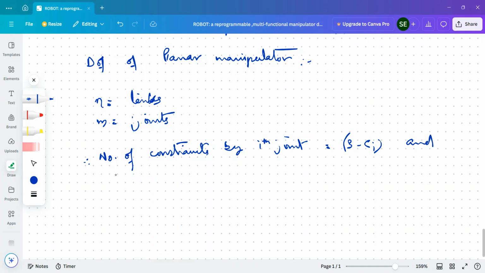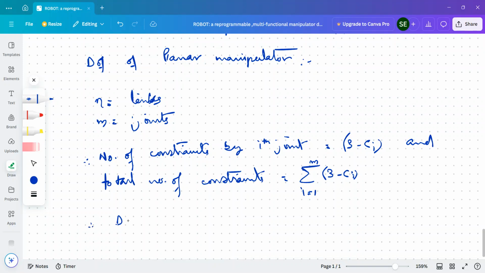The total number of constraints is the summation of i equal to 1 to m of (3 minus ci).